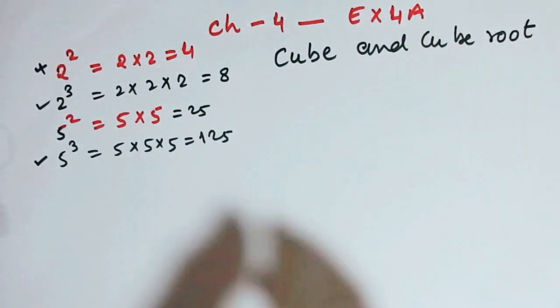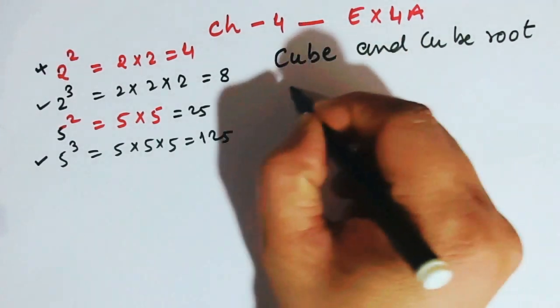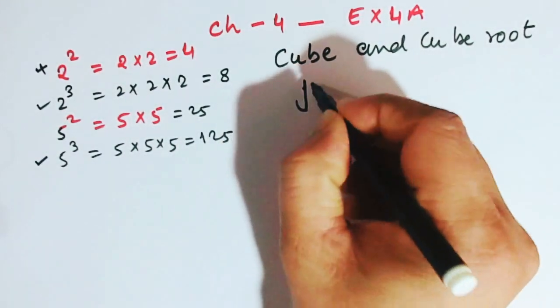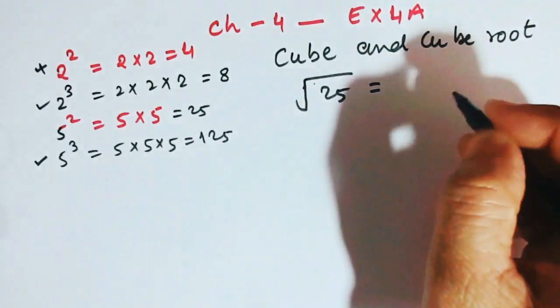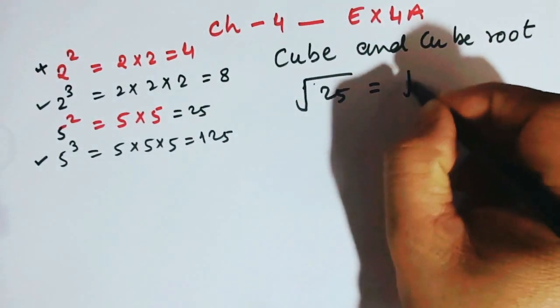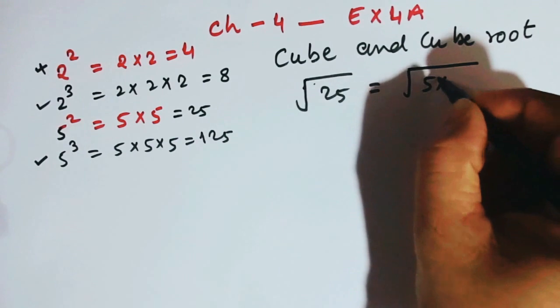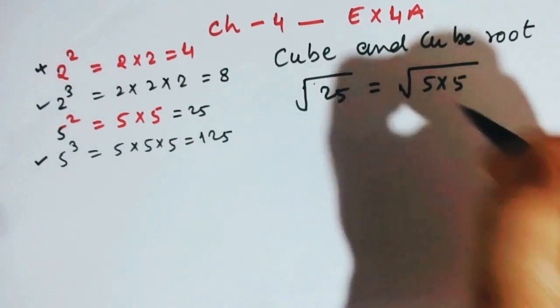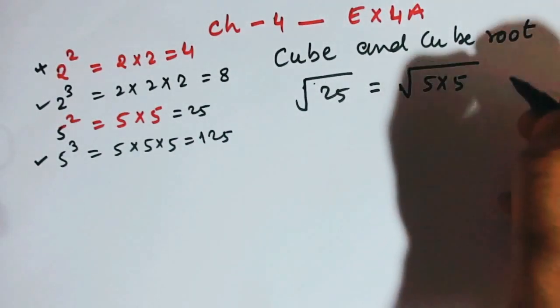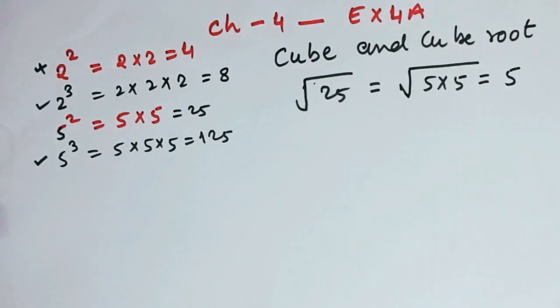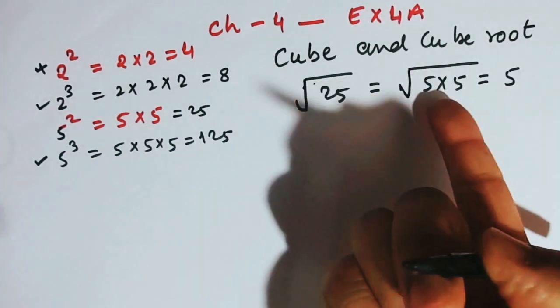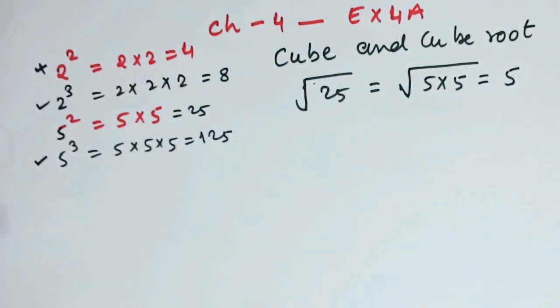Now, for example, the square root of 25 was 5 times 5. We disintegrated it into its factors and we found the answer as 5. For every two numbers I took one of them.